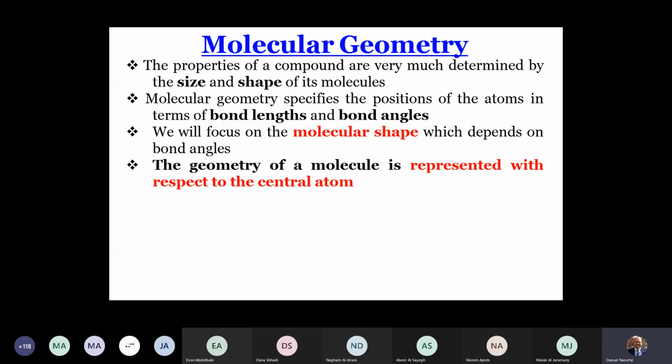So I choose the central student, and around the central student, the other students are called the outer students. So the geometry of the classroom will be represented by the form obtained of the outer atoms according to the central one.